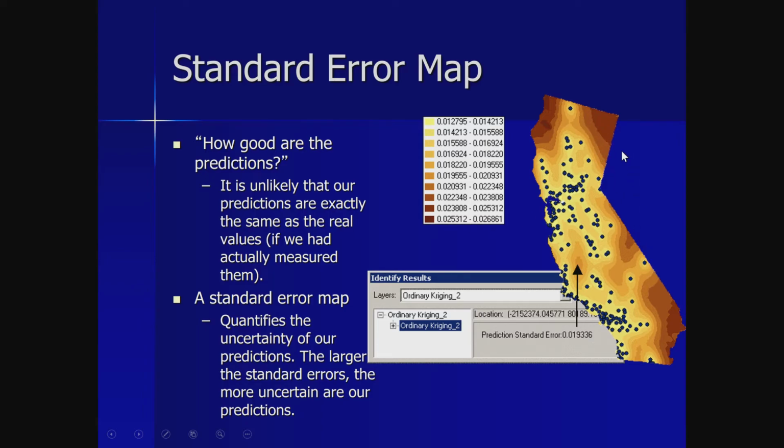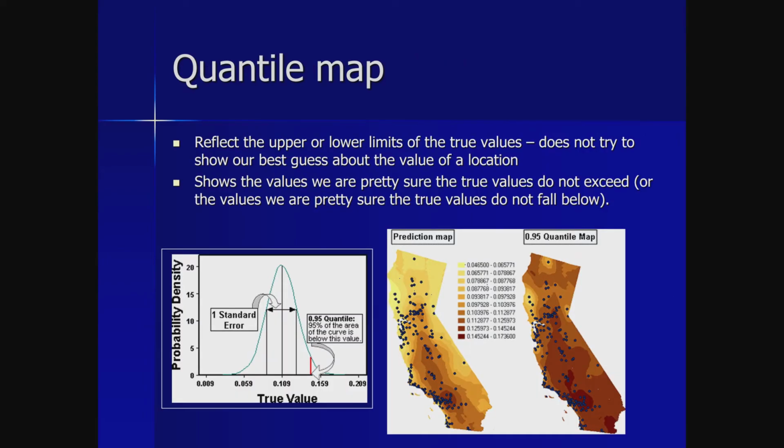Probably because there's not very many points there. That's one reason for it. The other reason is that the points don't really fit the trend very well that we saw earlier. So that's the standard error map. It gives you an idea of how good your predictions are. All right, and then here's the same prediction map.